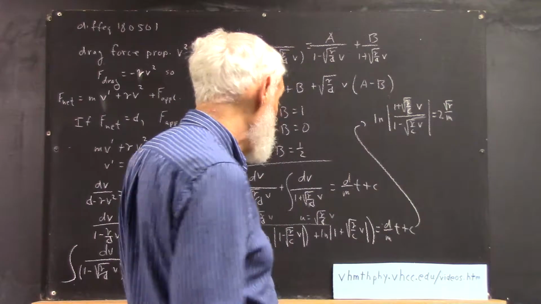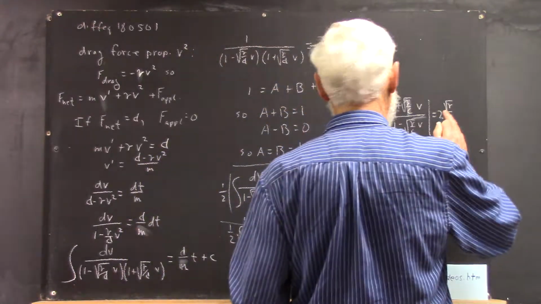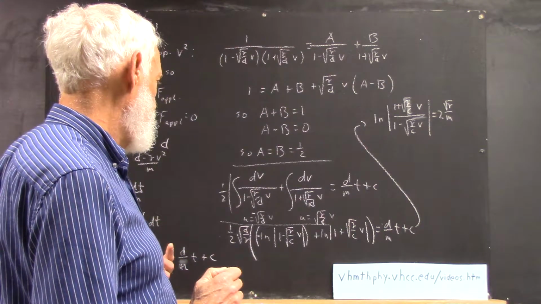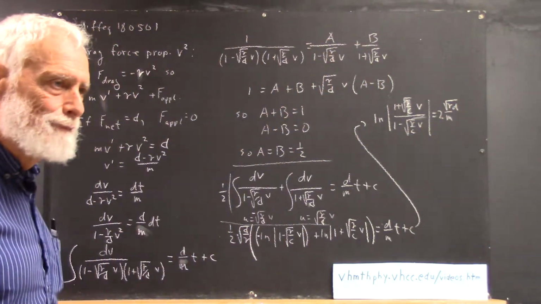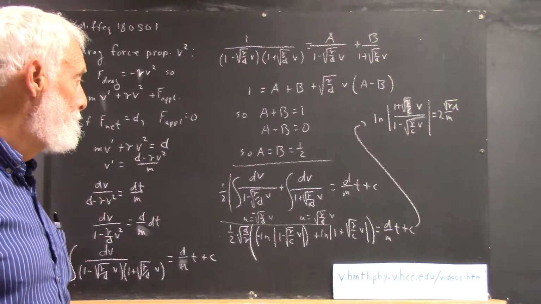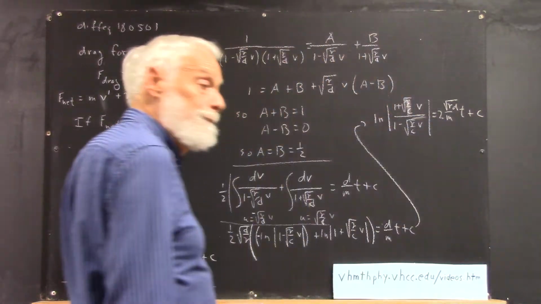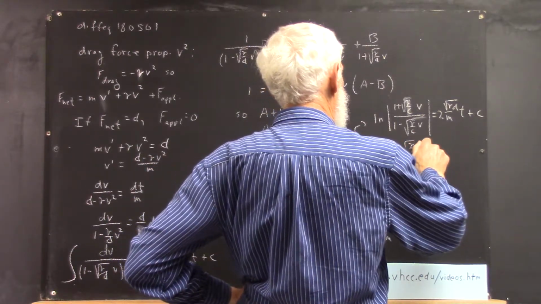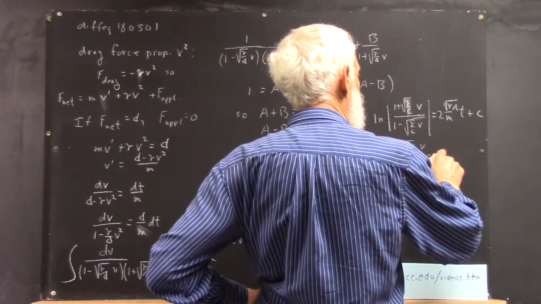It's going to divide this, giving you a square root of D. So it's going to be the square root of gamma D over M, and then that's times T plus your integration constant C. Which means then that 1 plus the square root of gamma over D times V, over 1 minus the square root of gamma over D times V, equals E.